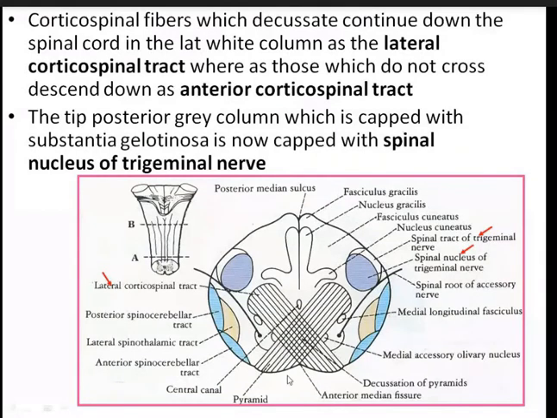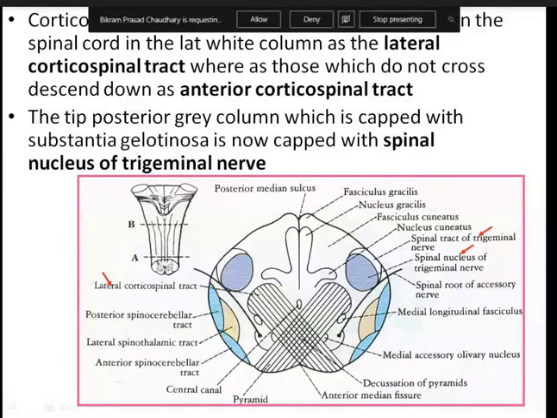So the anterior corticospinal tract and the lateral corticospinal tract are forming here, and the tip of the posterior gray column, which is capped with the substantia gelatinosa, is now capped with the spinal nucleus of the trigeminal nerve. So this is the spinal nucleus of the trigeminal nerve.